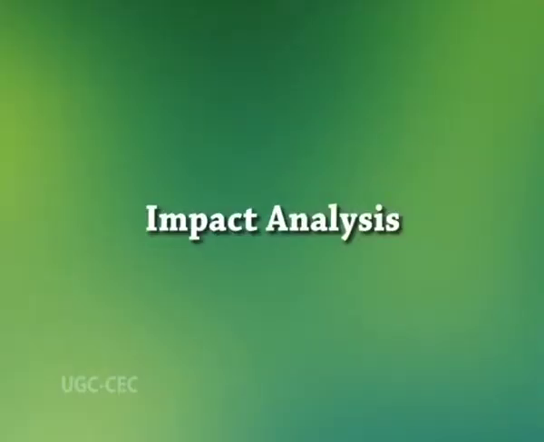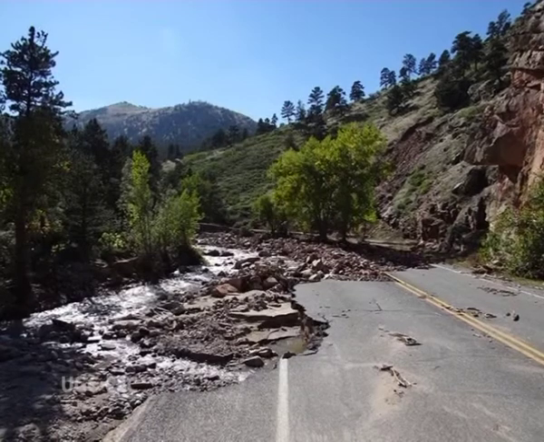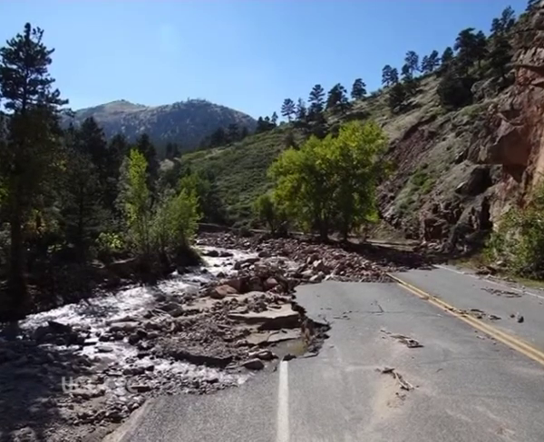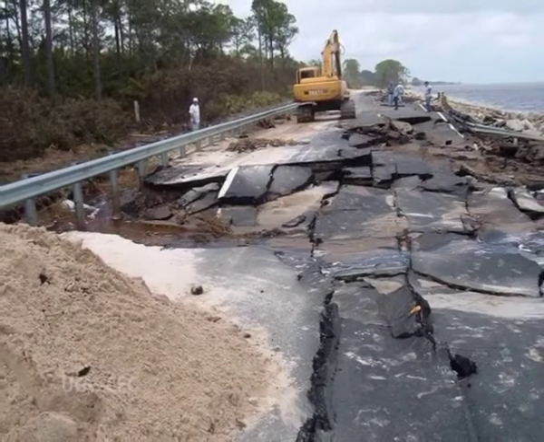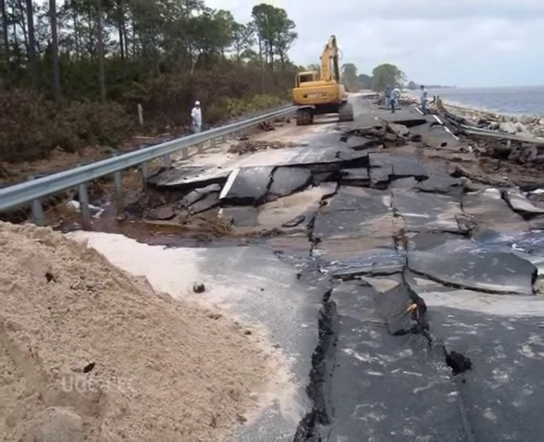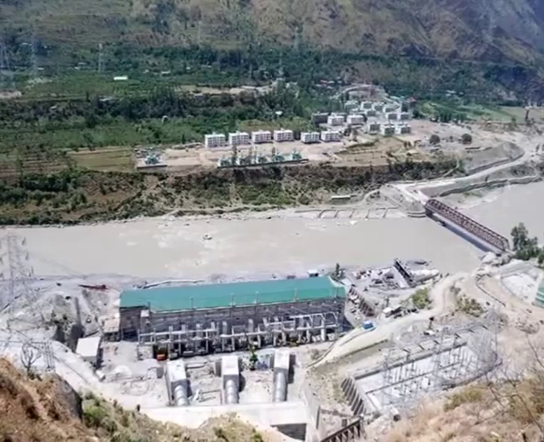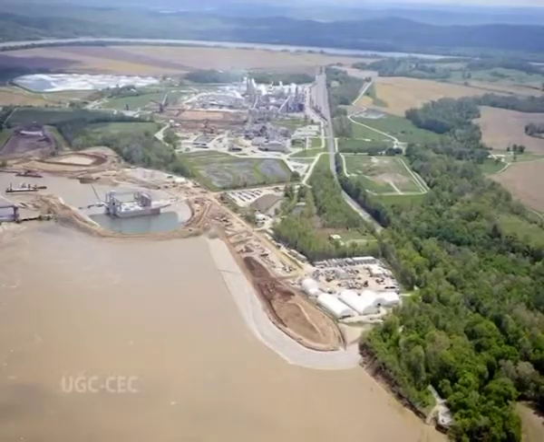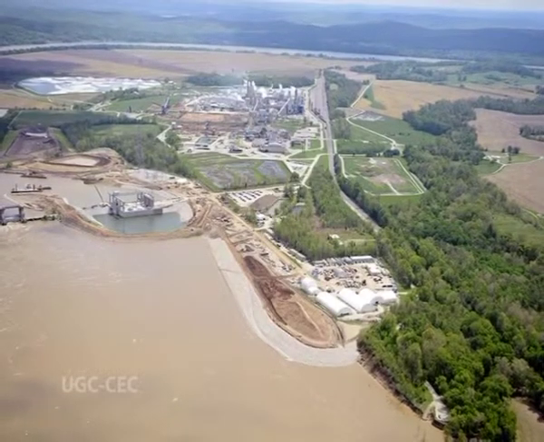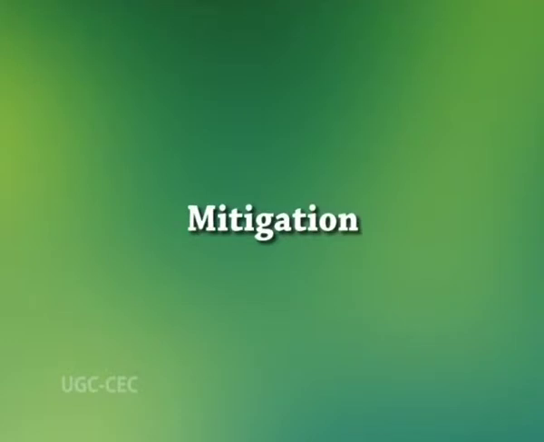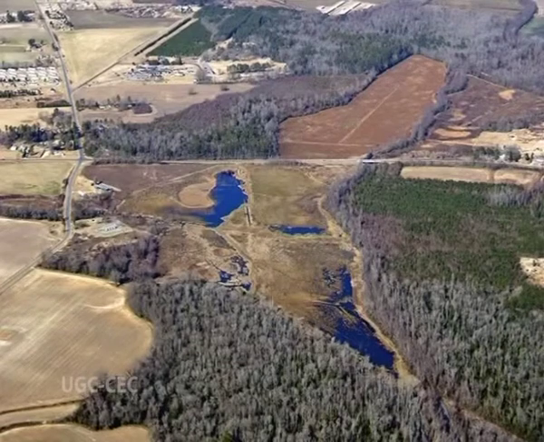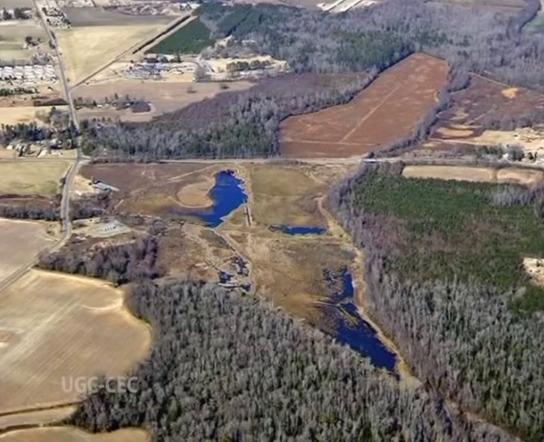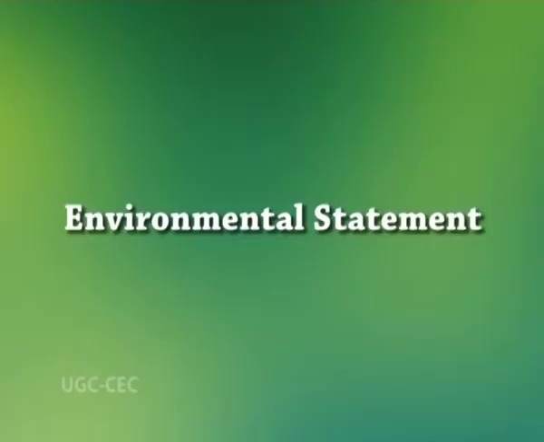Impact analysis. Assessment and evaluation of impacts and development of alternatives to predict and identify the likely environmental impacts of a proposed project or development, including the detailed elaboration of alternatives. Mitigation. Where impact analysis identifies that a development is likely to give rise to significant impacts, measures are needed to remedy them.